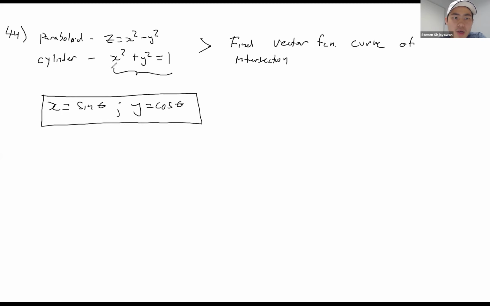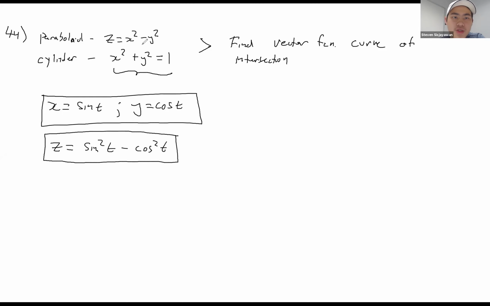And so since I found my x and y, I can just refer back to this paraboloid equation, or sorry, let me just label it as t for consistency. Going back to this paraboloid equation, we can figure out that z is the same thing as sine squared t minus cos squared t, right?